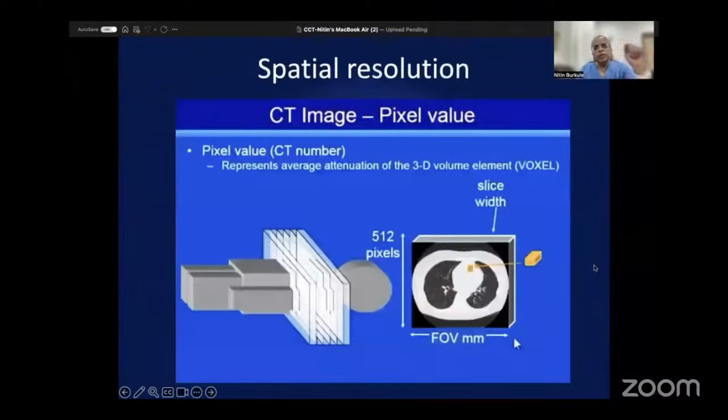Coming back to the spatial resolution of cardiac CT, as we know, the image matrix of a CT is 512 pixels in both X and Y directions. So the field of view divided by this 512 pixels will give you the size of your pixel.